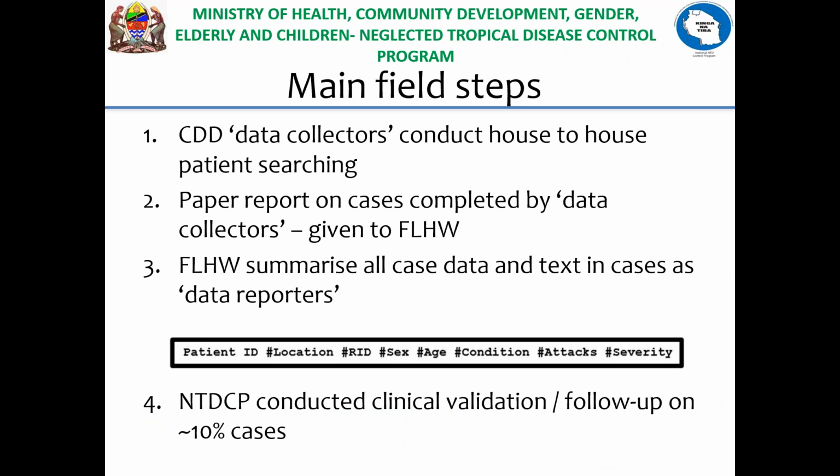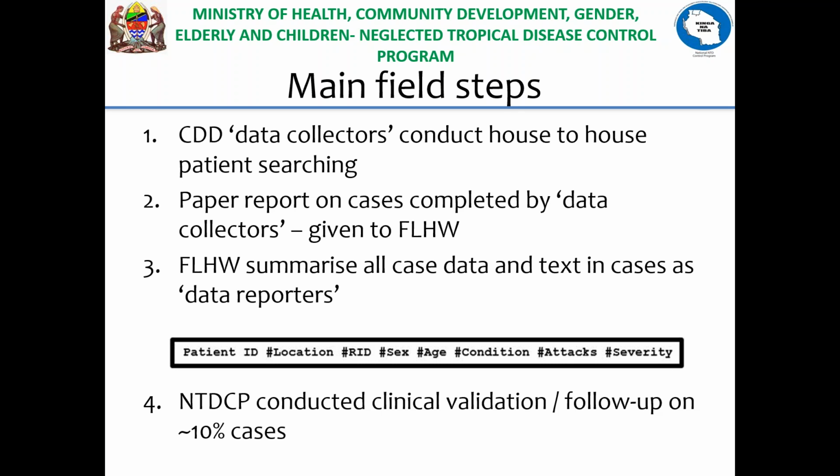Data was collected by community drug distributors who are living within the premises of the patients, at the household level, and they used papers, completing them. Then they give those papers to the frontline health facility workers who are working in the nearby dispensaries or health facilities.